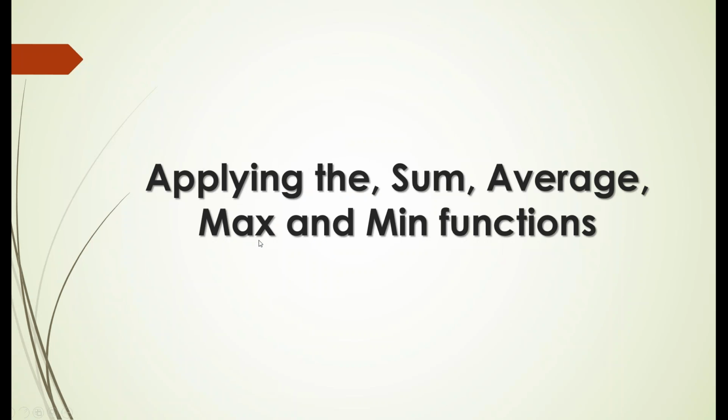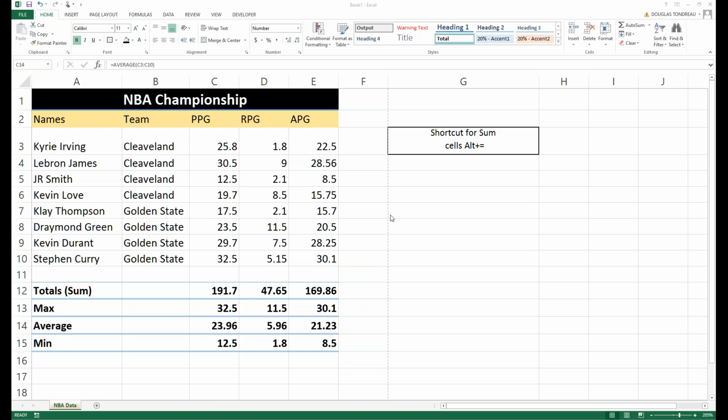These are pretty cool basic formulas that everyone should know when using Excel, because believe it or not, they are used a lot throughout Excel, and in order to continue on to the next portion of the course, you definitely need a good understanding of applying the sum, average, max, and min functions, because we're going to build on that a lot for the course, right?